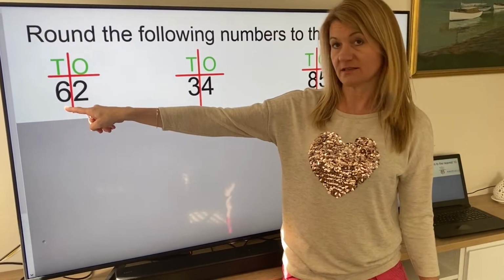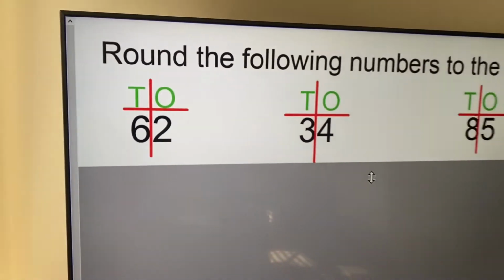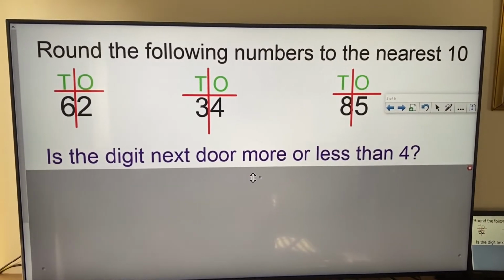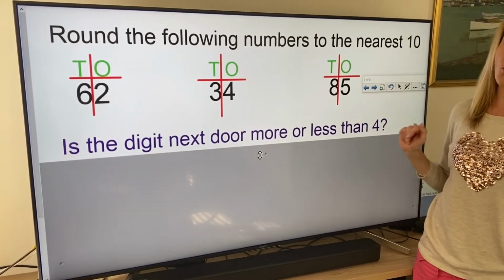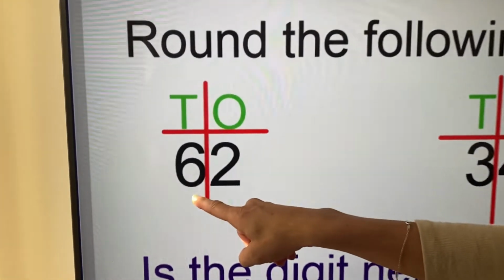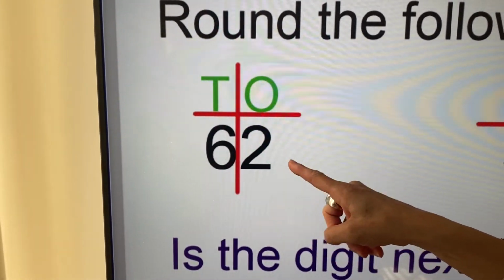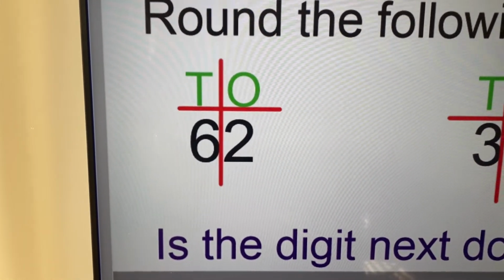We look at our tens column and then we think about the rhyme that I'm going to show you here. Is the digit next door more or less than 4? Okay, so there is our 6, that's our tens column, 60. The digit next door is less than 4. So we are going to round down to 60.